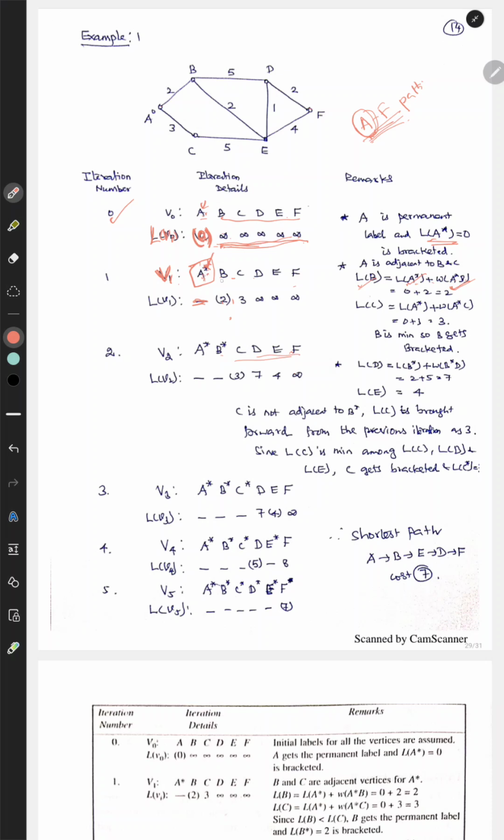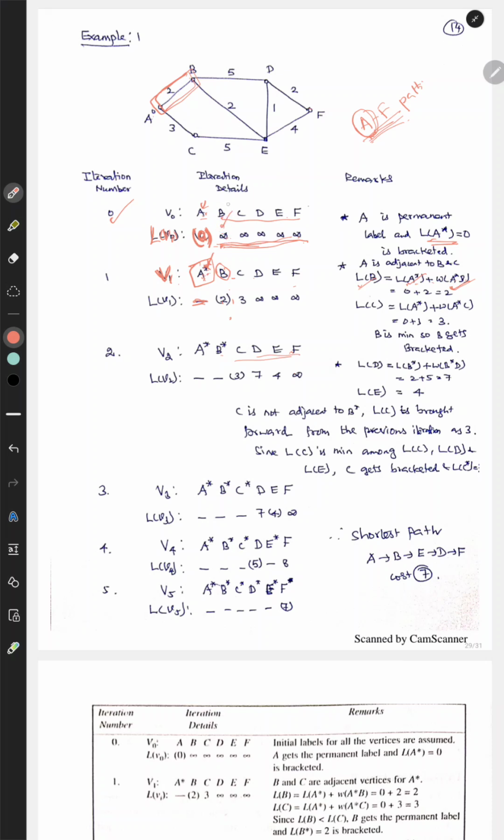Now you'll find the label for B by checking the edge weight of A to B. It is 2, plus the label of the removed vertex A, which is 0. The permanent label you gave for A is 0, so that plus the edge weight of AB will be the possible new label for B, if that value is less than the previous label B has.